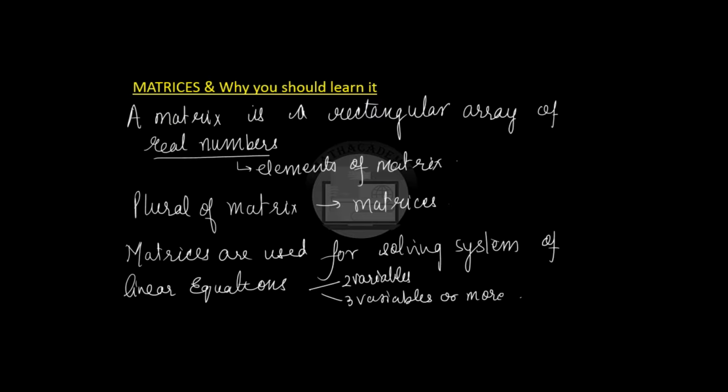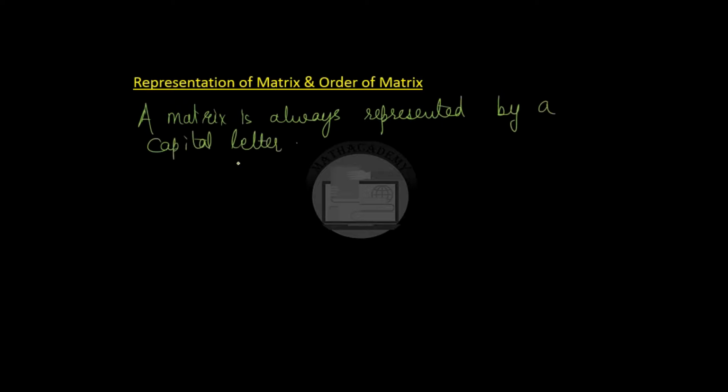Now let us see how we represent the matrices and what we mean by the order of a matrix. A matrix is always represented by a capital letter. So let us take a matrix, say capital A. It is a rectangular array of real numbers.